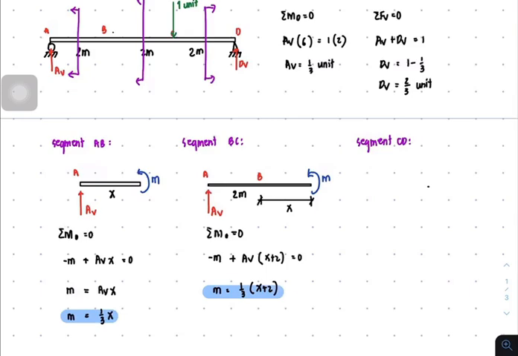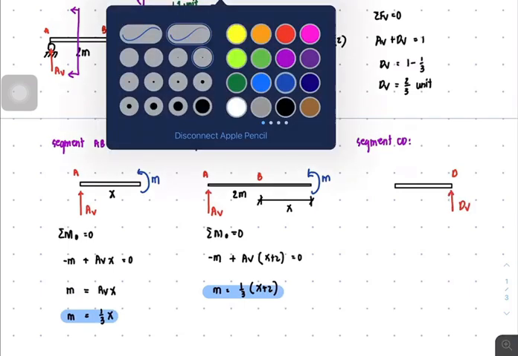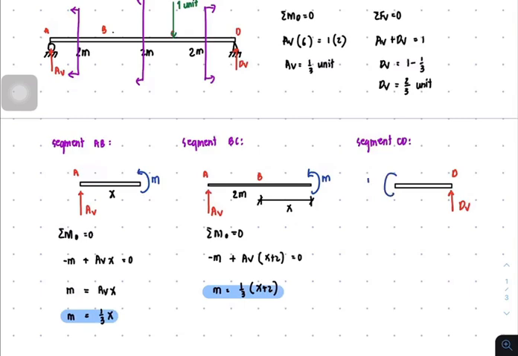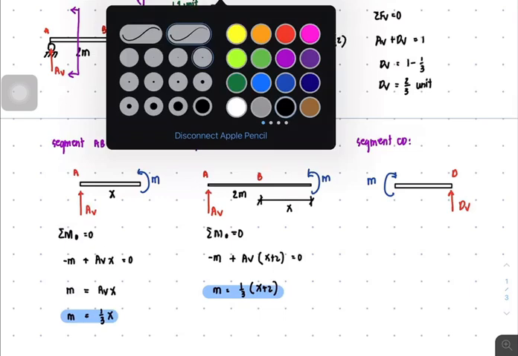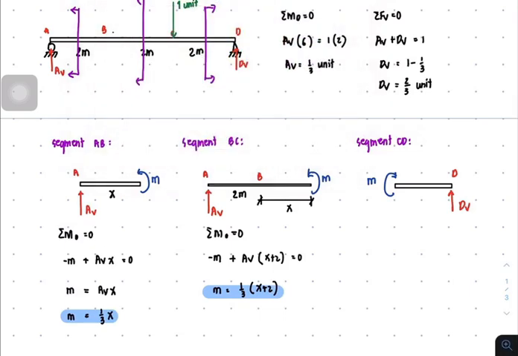We have that point D, and this is your DV. And then at the point of cutting, you'll have small letter m, then it's now clockwise. So it is clockwise now, of course.